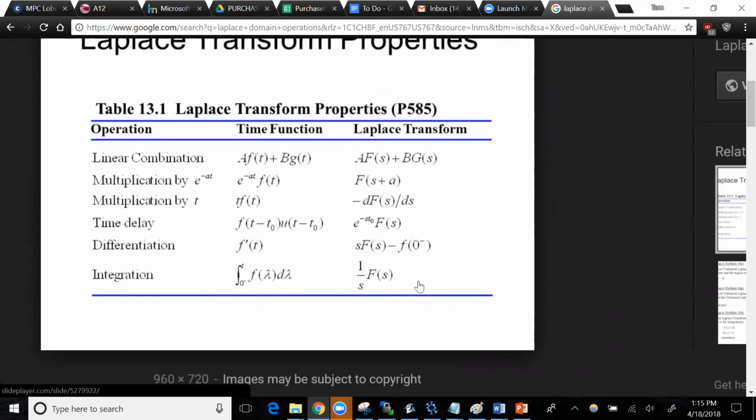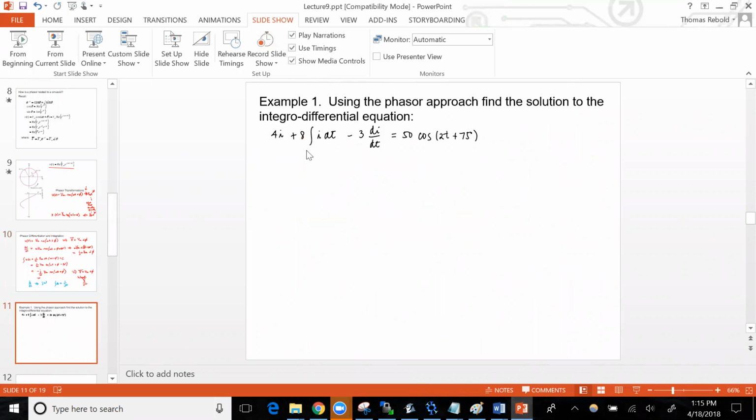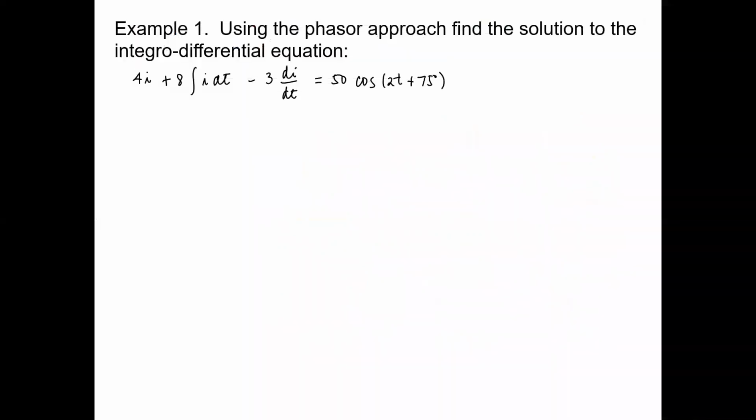The phasor domain only works with sine waves. But it's less baggage; the Laplace domain comes with a bunch of other stuff, which is kind of confusing. So phasors are kind of like training wheels for Laplace transforms. Really simple. So you can use this to solve integral differential equations, provided they have just cosine, sinusoidal excitation.